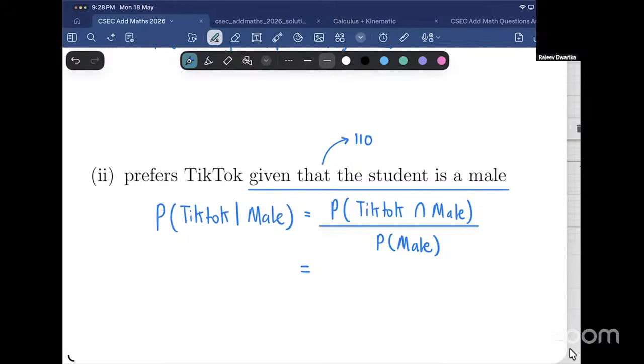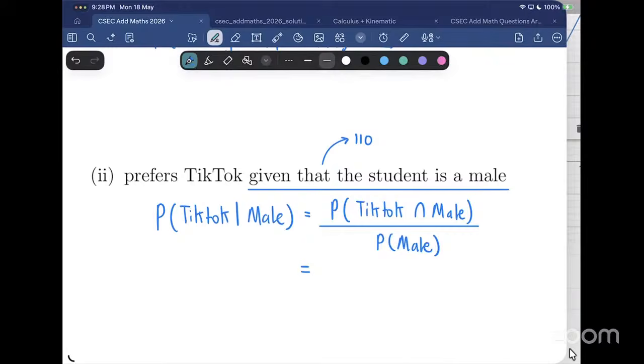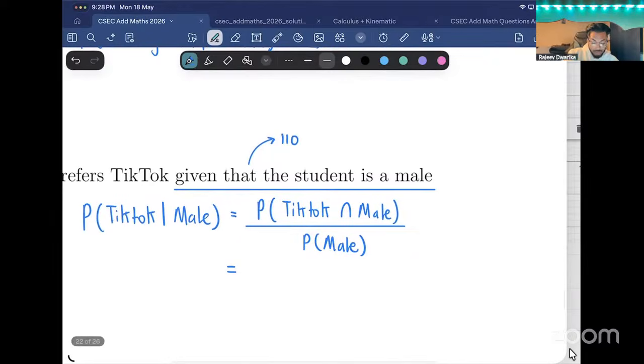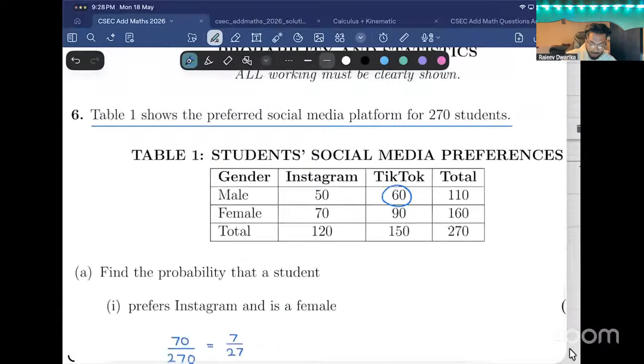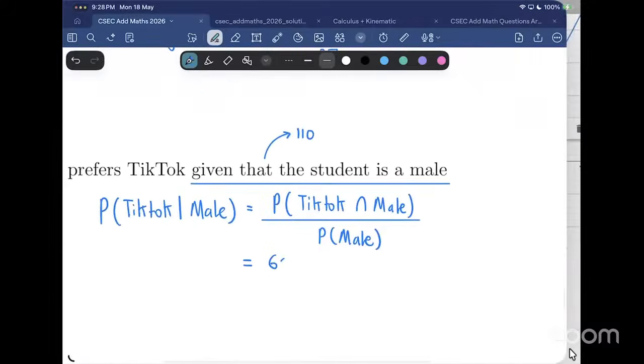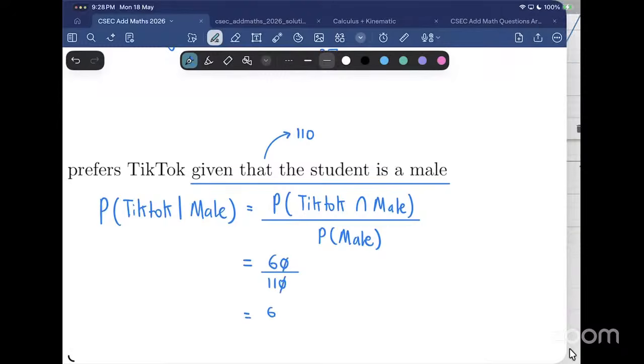So 60 over 110. You understand? Yes, sir. If you didn't use any formula, the probability of TikTok and male was 60, and we had 110 males, so 60 over 110, which is 6 over 11.